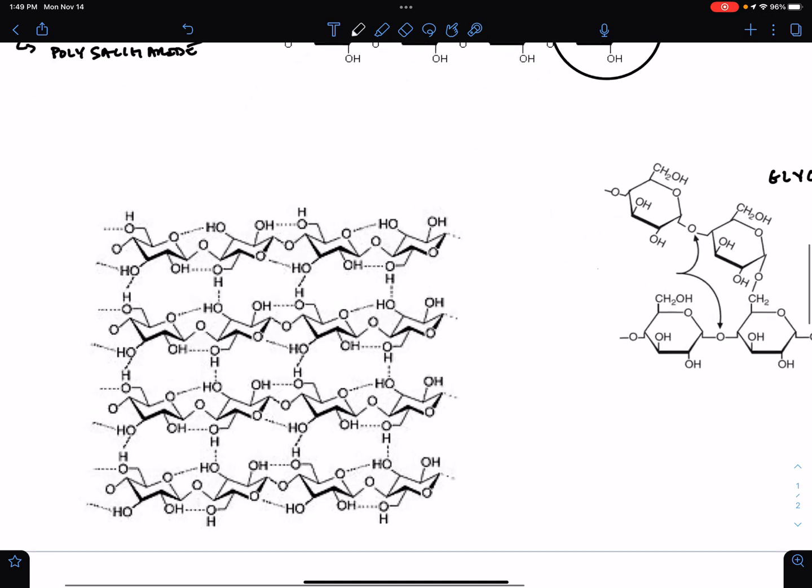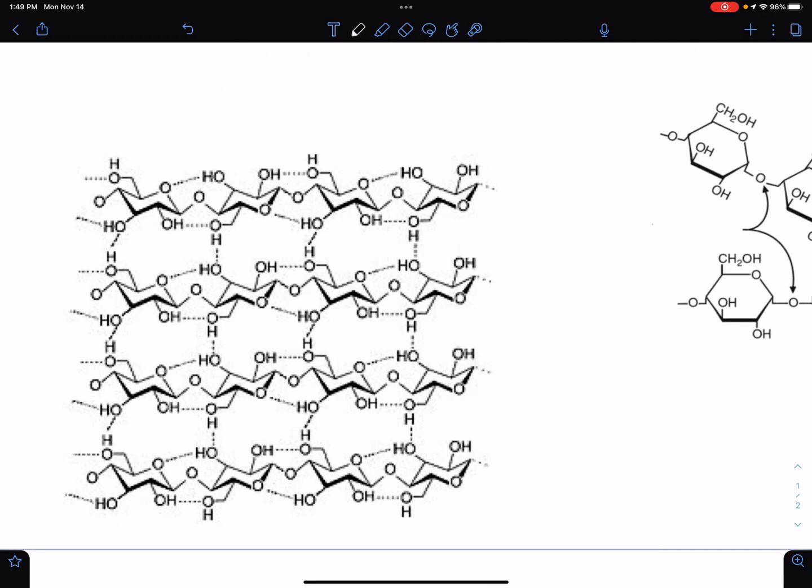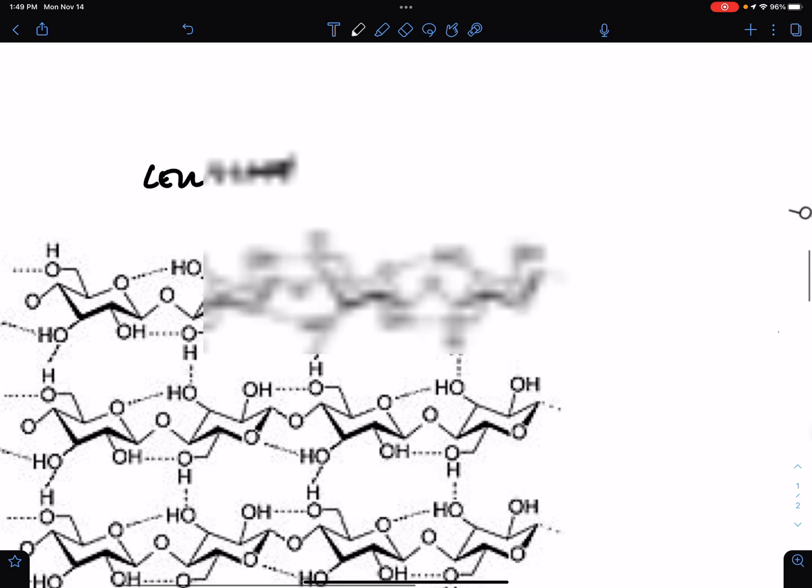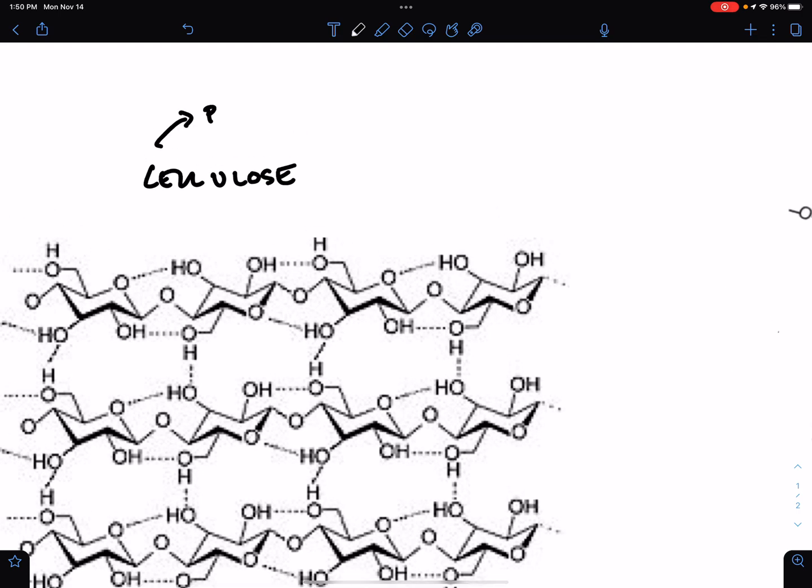And then the last form of a polymer that we see here is cellulose. Now, cellulose provides structural support for plants.